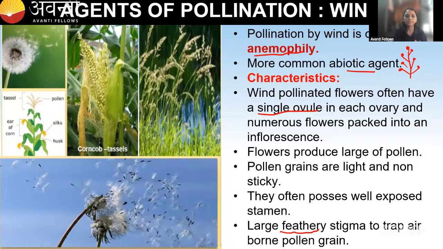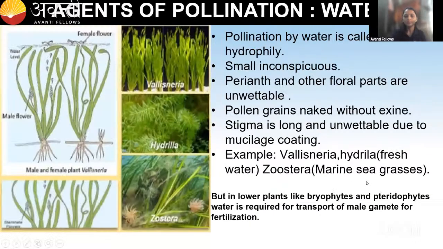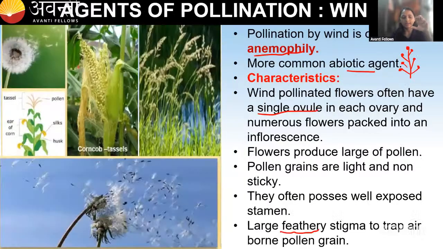Okay. So this is about the characteristics of the wind pollinating flowers. Do you have any confusion here, or do you need anything? What you have to remember mainly here is that pollen grains are not heavy, and they are non-sticky, and the flower consists of a single ovule, packed in the inflorescence.